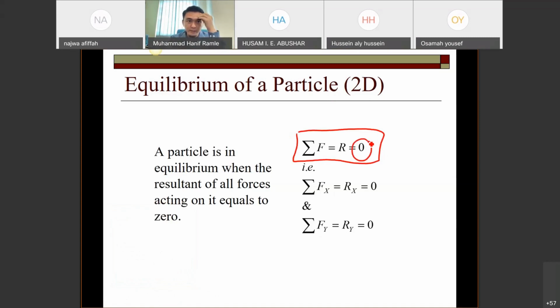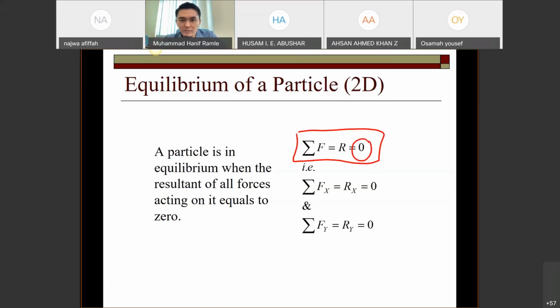Before I proceed further, can you state which Newton's law belongs to this equilibrium? I cannot hear you.